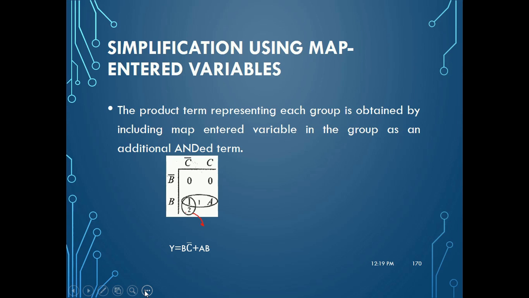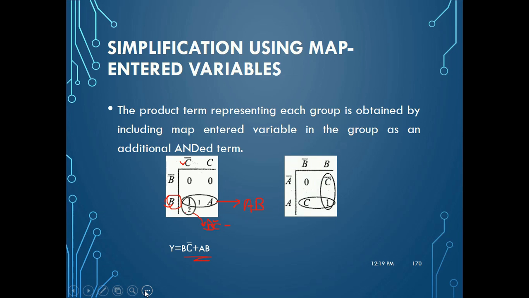Initially, if you take this term, it is BC bar. It has both variables B and C bar. So that's why you can write BC bar. And one more term that is here, you have A, along with that you have B, no? So that's why we write it as AB. So BC bar plus AB is the answer.